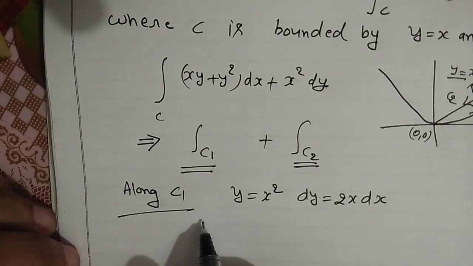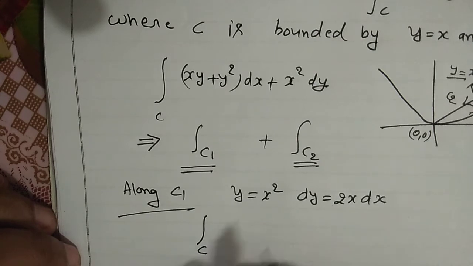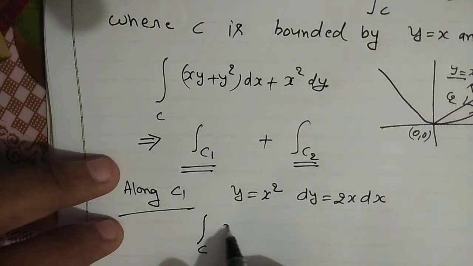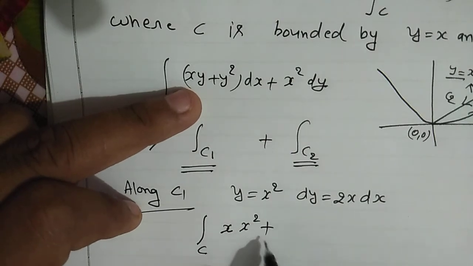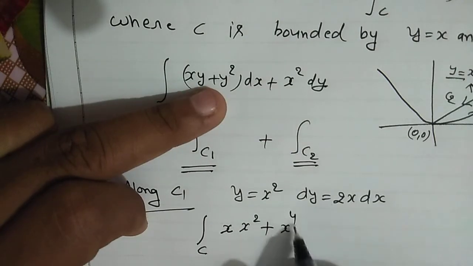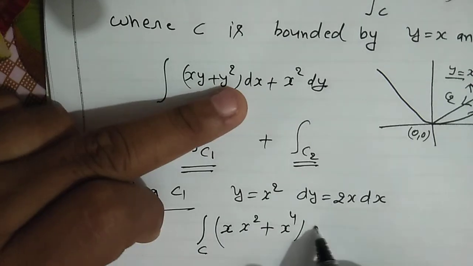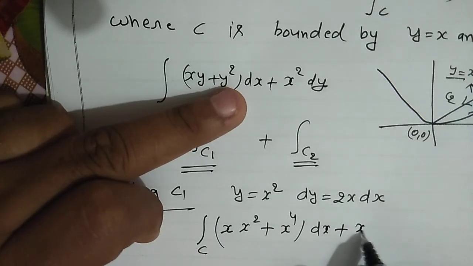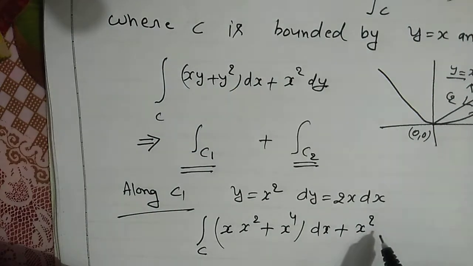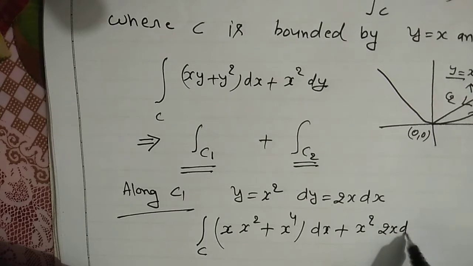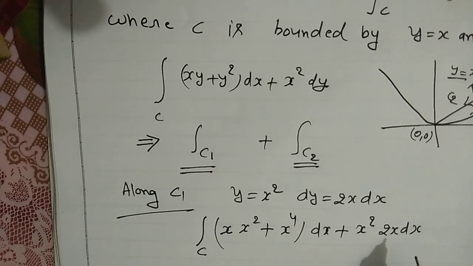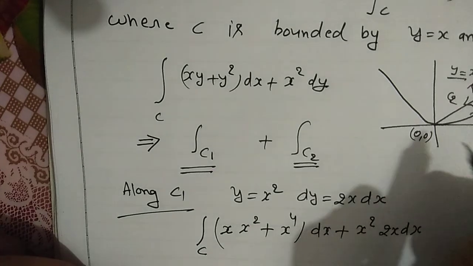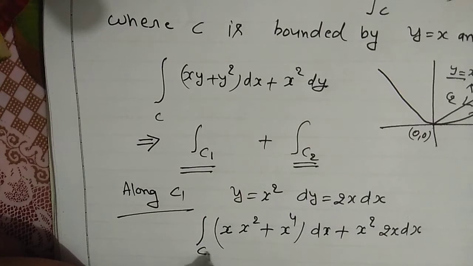So the line integral converts into the single variable x: x into y means x cube, and y square means x power 4, dx, plus x square times dy, which is 2x dx, and the limit of x is from 0 to 1.